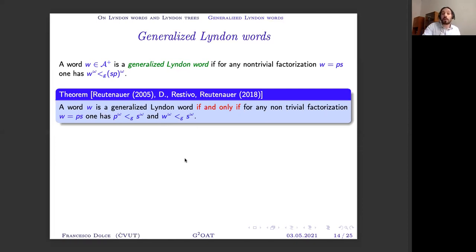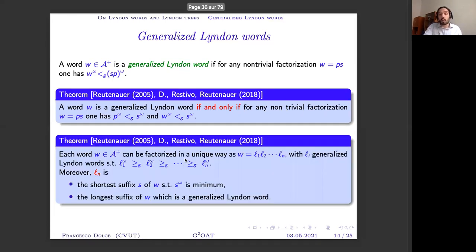We studied the generalized words and generalized Lyndon words, and we gave several results. One of the results is connected to the factorization that we saw before, the Lyndon factorization. We actually saw that also using generalized Lyndon words, we can factorize every finite word as a non-increasing factorization of generalized Lyndon words.